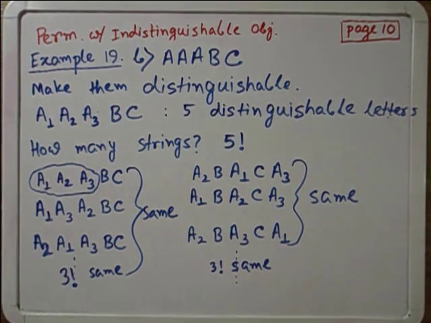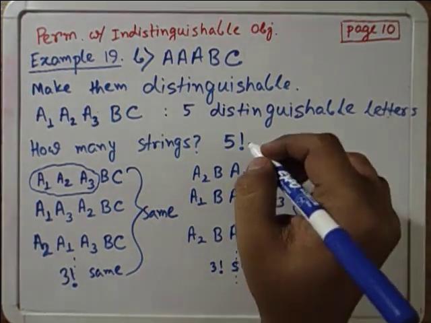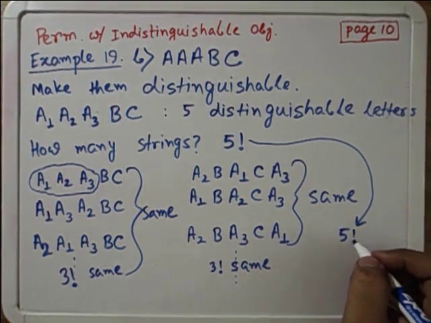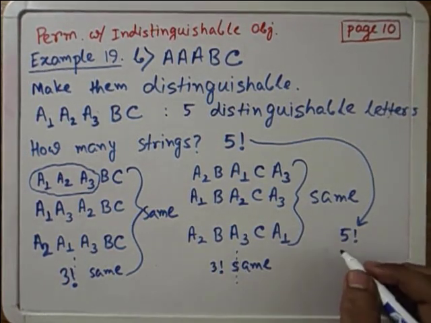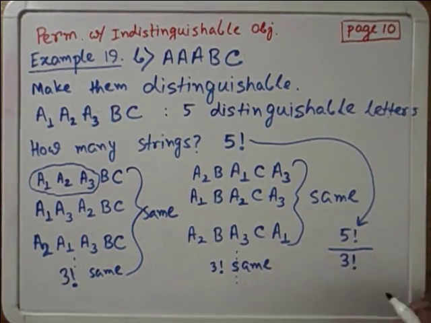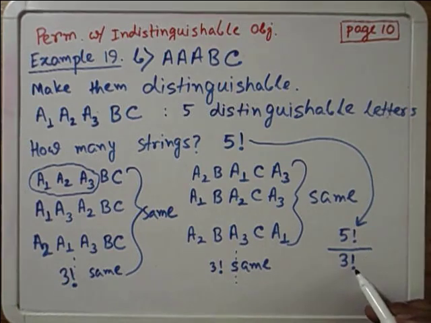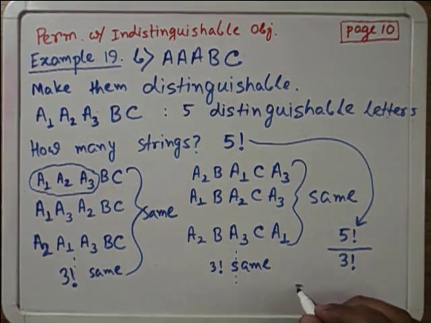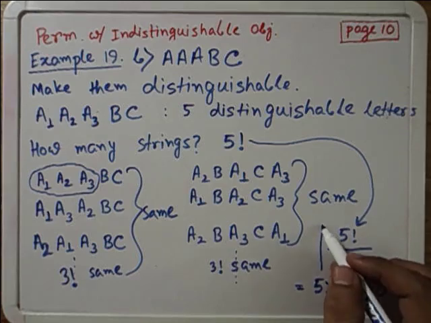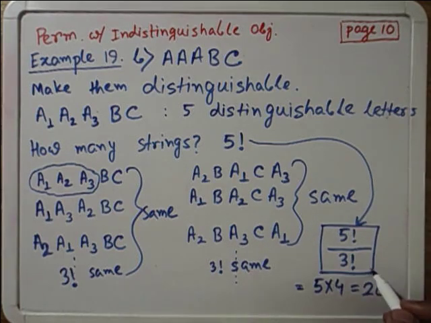What does that mean? That means this result 5 factorial is overcounting, and we overcounted each string by 3 factorial. So 5 factorial over 3 factorial is the correct answer, which is 5 times 4 equal to 20. Okay, so that's your correct answer.